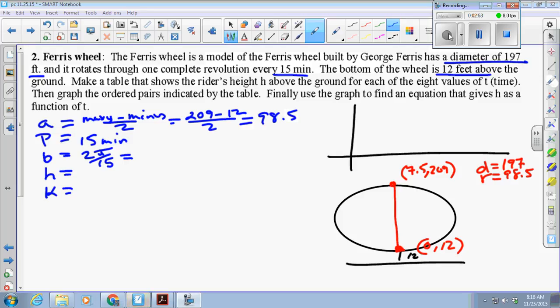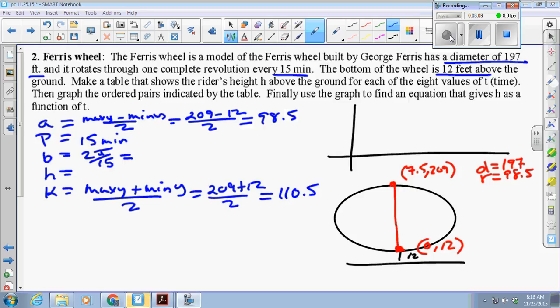We're going to skip down to K. K is the maximum Y plus the minimum Y divided by 2, or 209 plus 12 divided by 2, or 110.5 feet. So if we go back to plotting this thing, we know that our period here was 15, half that's 7.5.